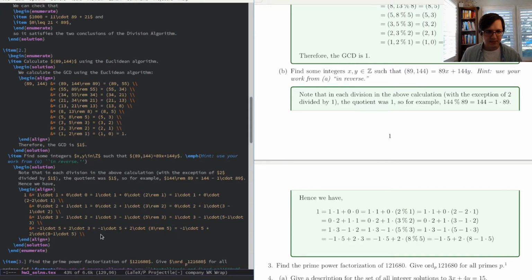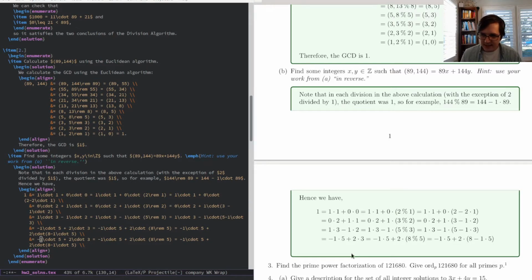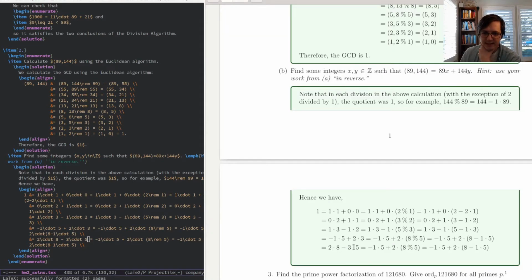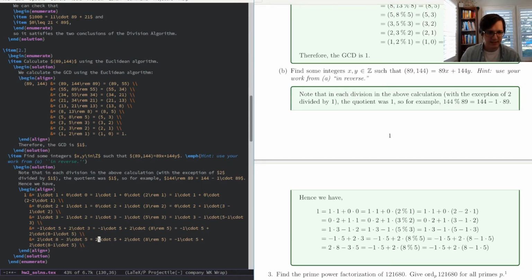I'm just going to copy the line and change the numbers, so it's going to be slightly wrong until it's all fixed. So how many 8s? 2 8s. How many 5s? We have minus 2, minus 1, so minus 3 5s. And 16 minus 15, that's 1. Okay, so 2 times 8 minus 3 times 5.